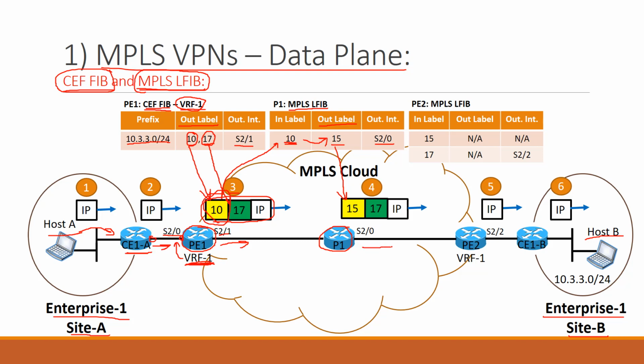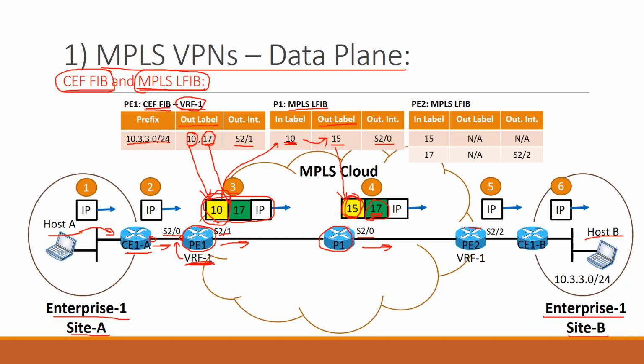Now P1 will send the packet outside of this interface with the two labels, and the inner label remains the same. Only the outer label is changed by provider 1 because this inner label or the VPN label is dedicated for usage or checking by the provider edge, the egress provider edge.